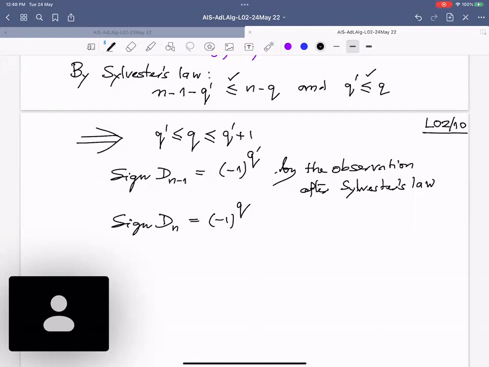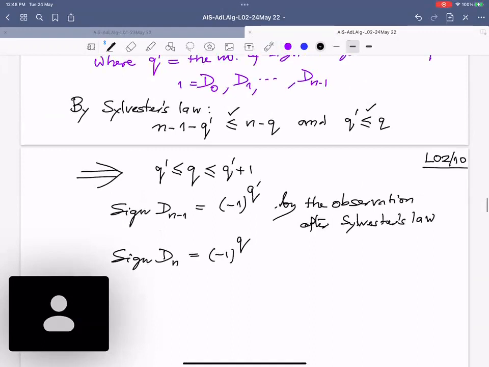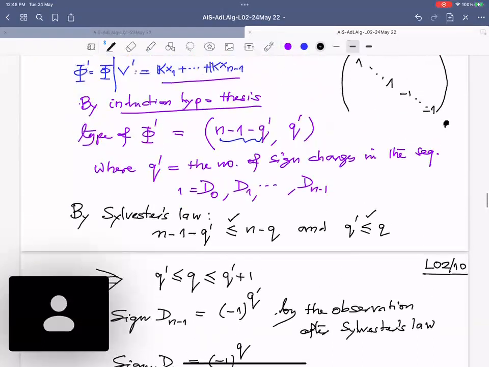What in between? Sir, how about the degenerate case? One minute. Let me understand your question. Please ask one by one. Which step do you want? No, here we have started with the non-degenerate case, right? Phi being non-degenerate.